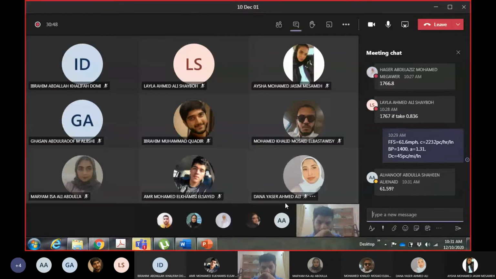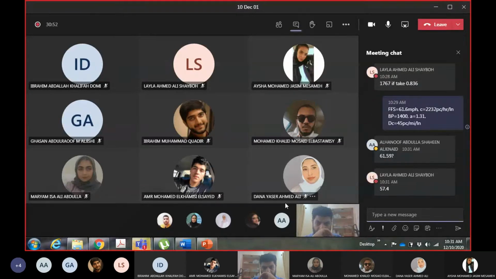Is this value correct? 57 makes more sense, because 61.6 is the FFS. If you are getting 61.59, that means there is no change, right?